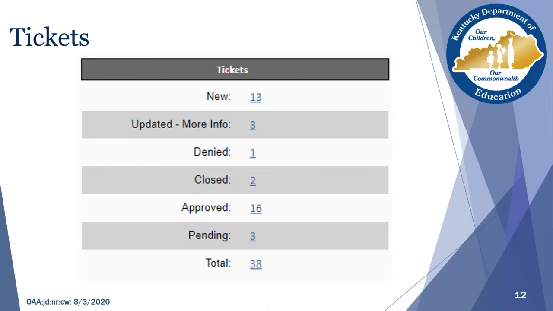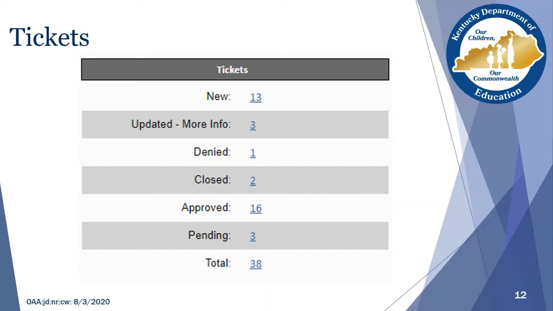Denied tickets will never go away. So even though you've got a denied ticket, you can open up a new ticket and make the changes that we've suggested for approval. And then you go down to the closed. That just means those are your closed tickets. Nothing else has to be done.